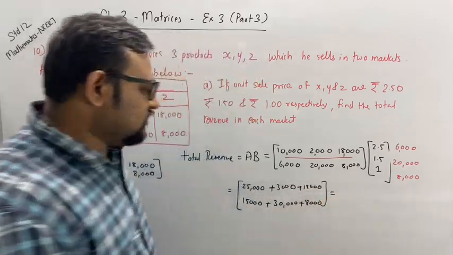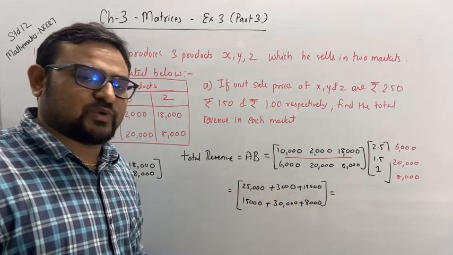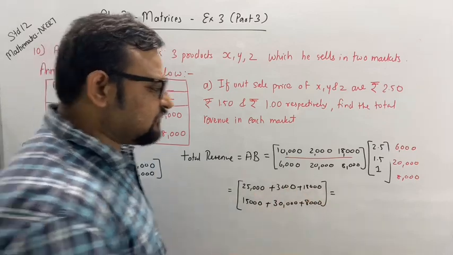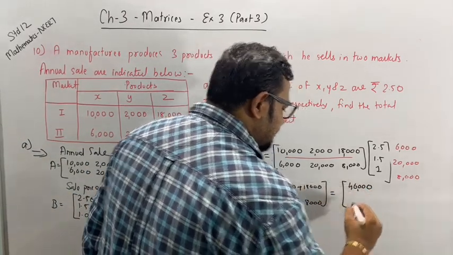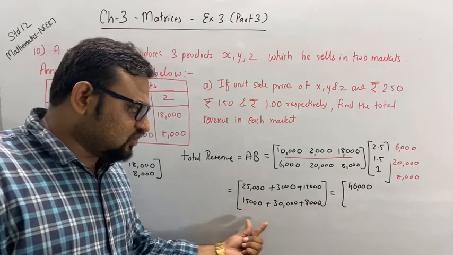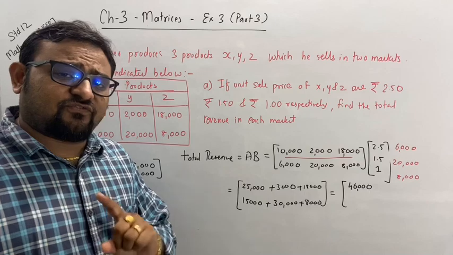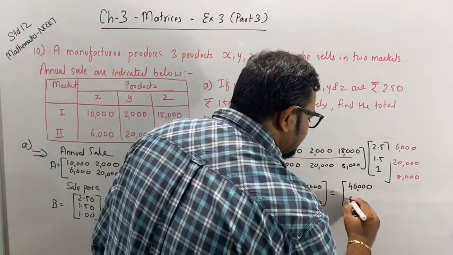So this will be 25,000 plus 3,000, that is 28,000, plus 18,000, that is 46,000. Below, 15,000 plus 30,000 is 45,000, and 45,000 plus 8,000 is 53,000.